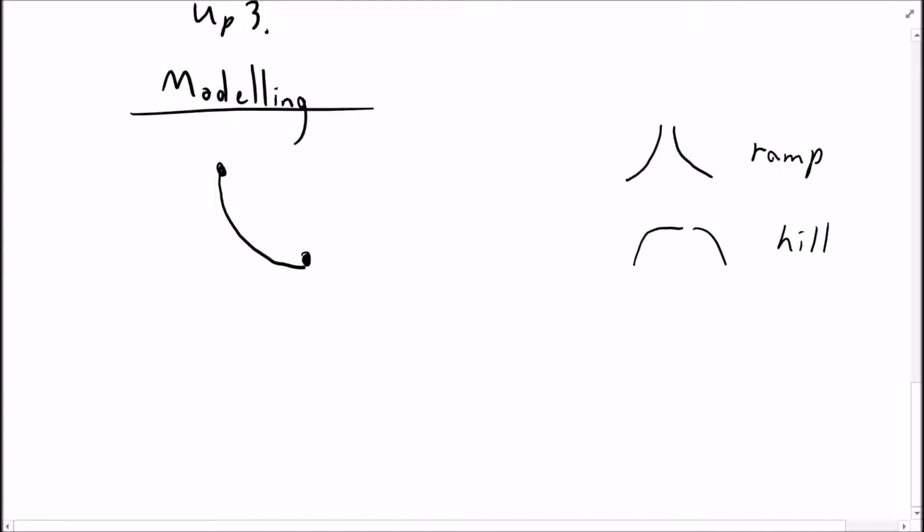Now, if it looks like a ramp, then our bottom point is going to be our point of reference. If it looks like a hill, then our top point is going to be the point of reference. Now remember, it's not called a vertex with a cubic, that's for a parabola. Our reference point is going to be the inflection point.